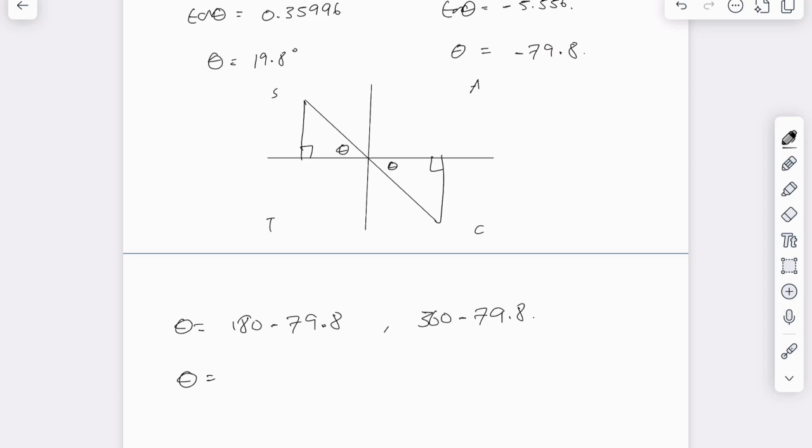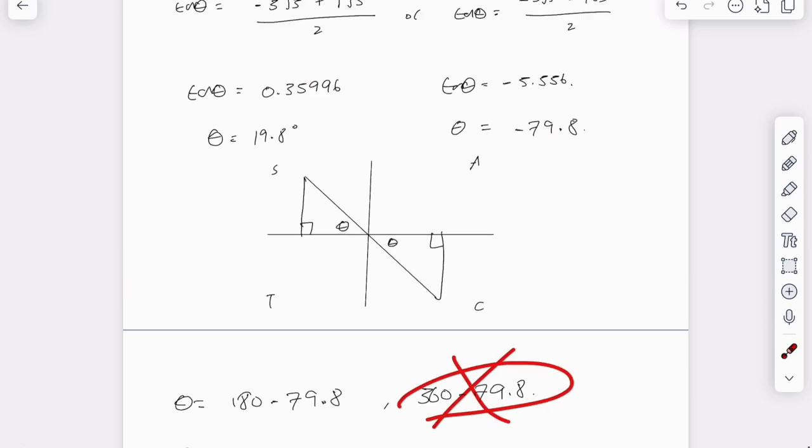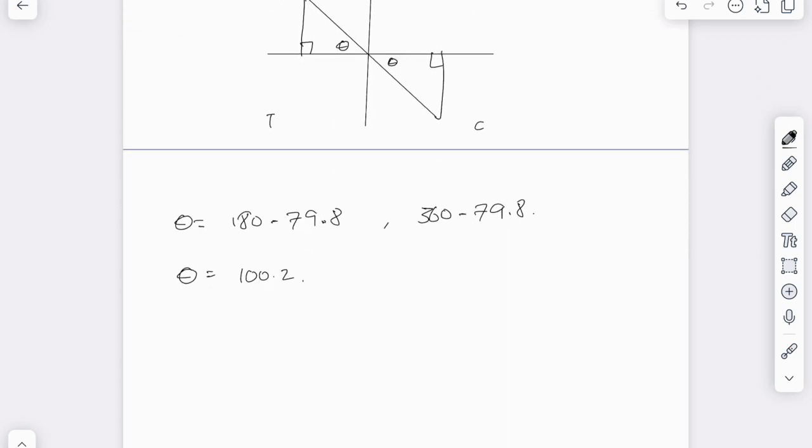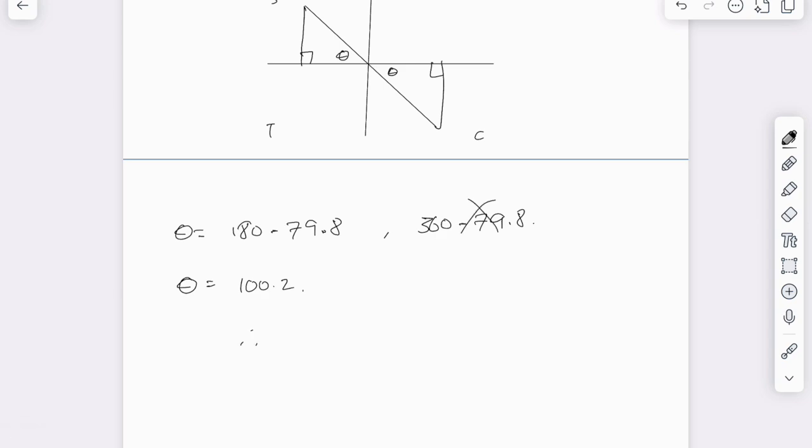Okay, well, 180 minus 79.8, right? 180 minus 79.8, okay, that's 100.2. And 360 minus 79.8, that's obviously not going to be within our bounds. Okay, so therefore, theta is going to equal 19.8 degrees or 100.2 degrees. And those are going to be your final answers.